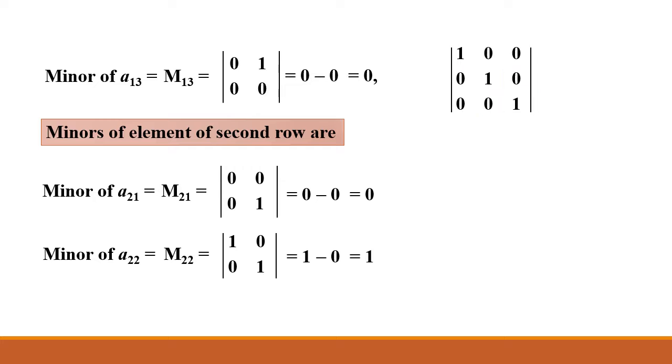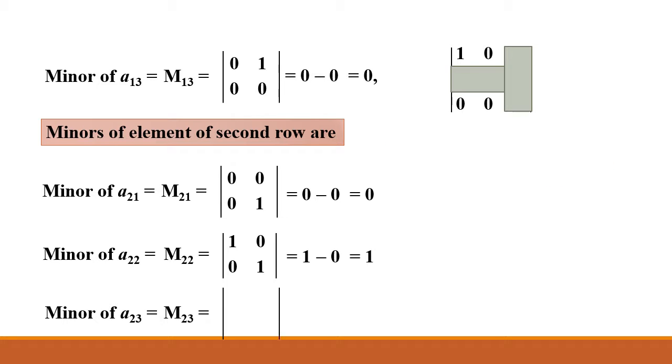So we get 1 minus 0 equal to 1. Next, minor of A23, which is equal to M23, is obtained by deleting the second row and the third column. So we get 1 0 0 0. On simplifying, 0 minus 0 is equal to 0.